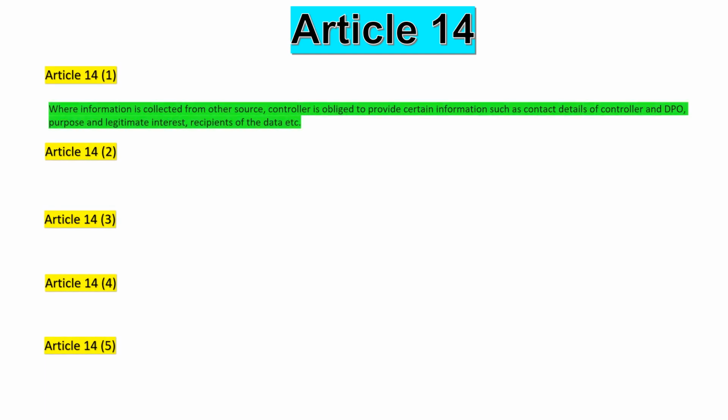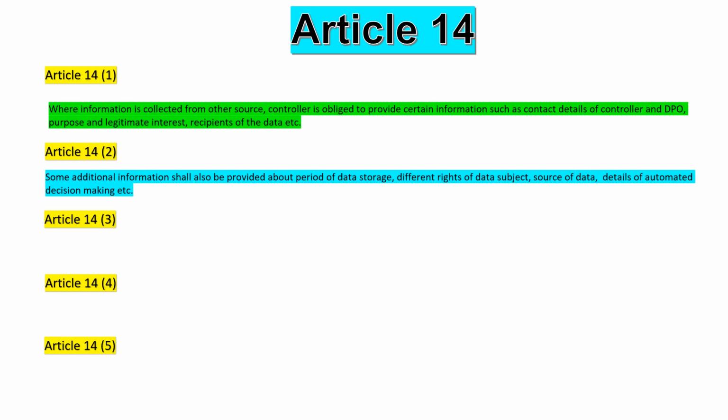Article 14 has 5 subclauses. 14.1 says that when information is collected from a source other than the data subject, then the controller is obliged to provide certain information such as contact details of the controller and DPO, purpose and legitimate interest for the processing, recipients of the personal data and other such information. 14.2 requires some additional information to be provided such as data storage period, different rights of the data subject, from which source data is collected, and details of automated decision making and any other such details.